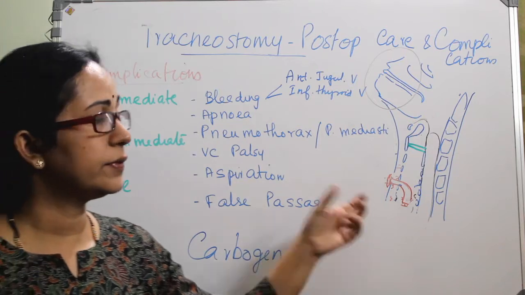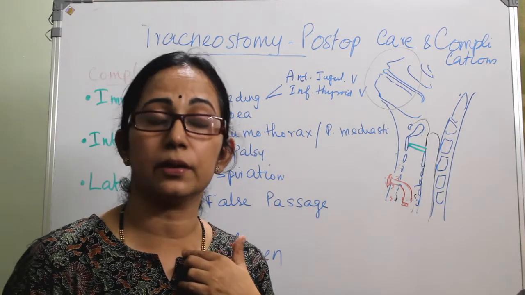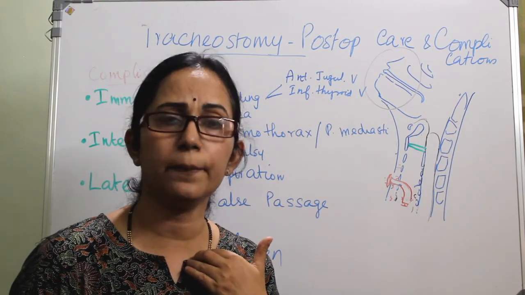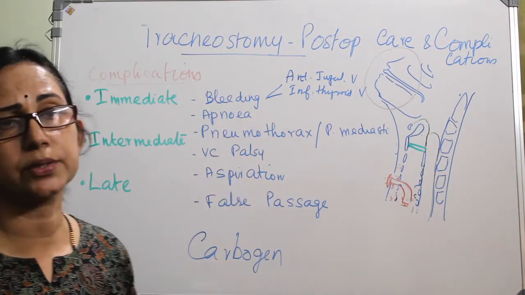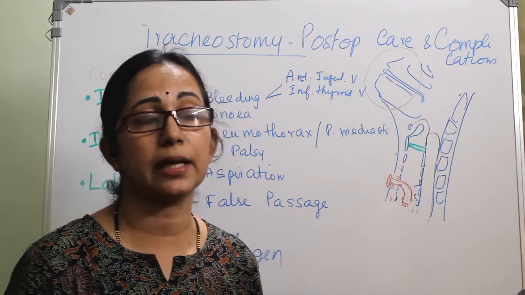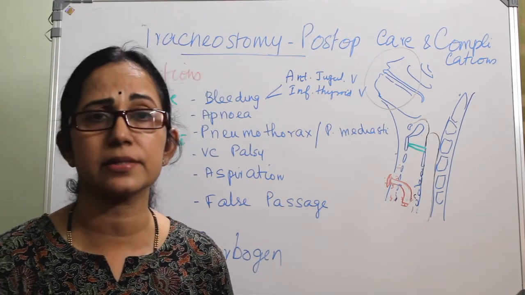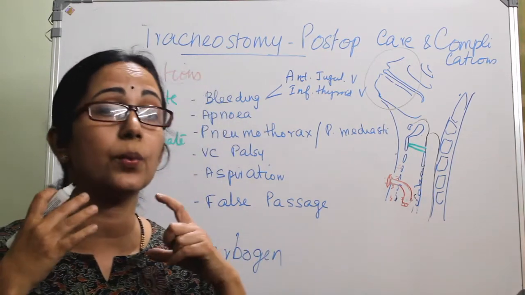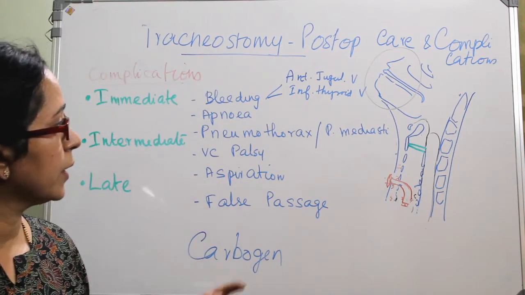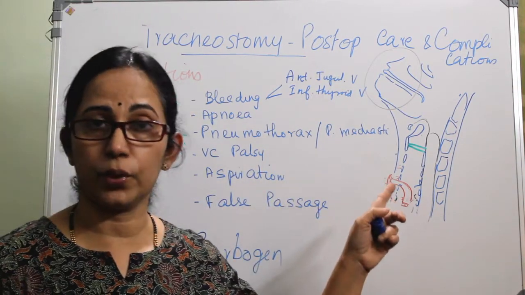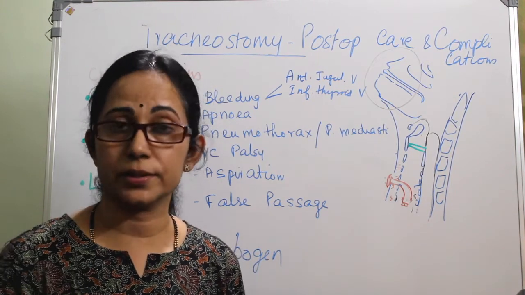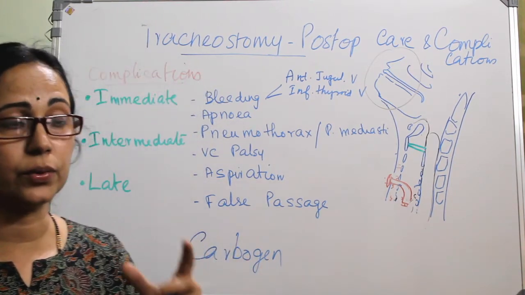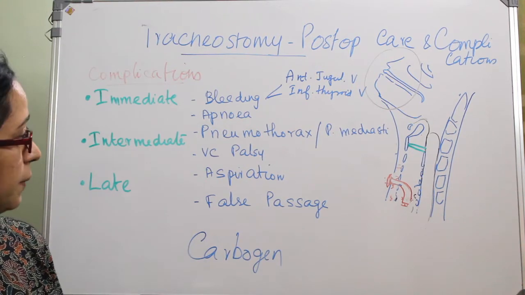Then if we injure the apical pleura or the lung tissue, it can lead to a pneumothorax or a pneumomediastinum. This happens especially in a struggling patient in the pediatric age group, and also in the obese and those with a short neck. This can be avoided by giving adequate extension and adequate sedation and looking for the anatomical landmarks.